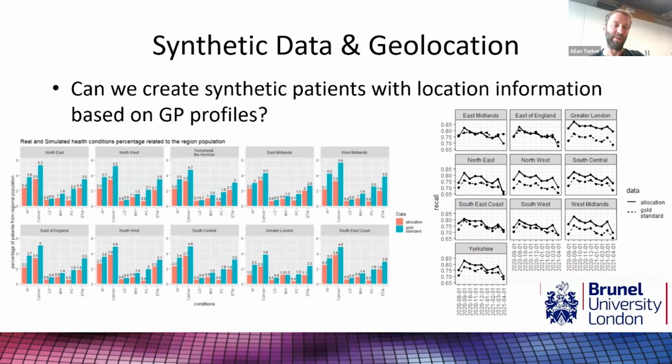So it doesn't just gather up all of the synthetic patients from one region and put them in that particular region, which gives us some confidence that this isn't running the risk of any of the privacy issues of allocating synthetic data with a GP from the outset.